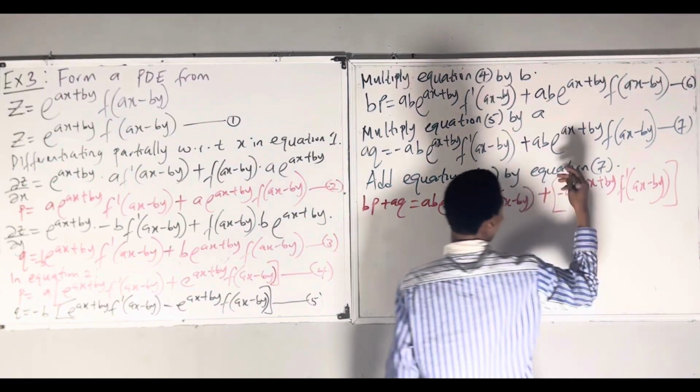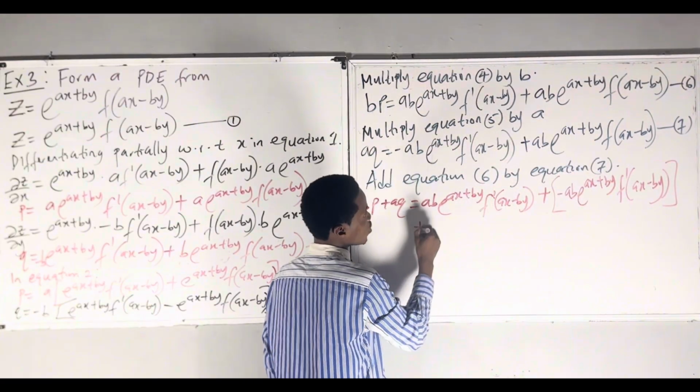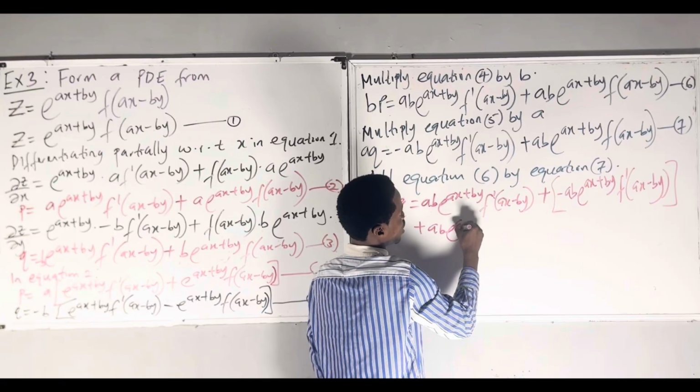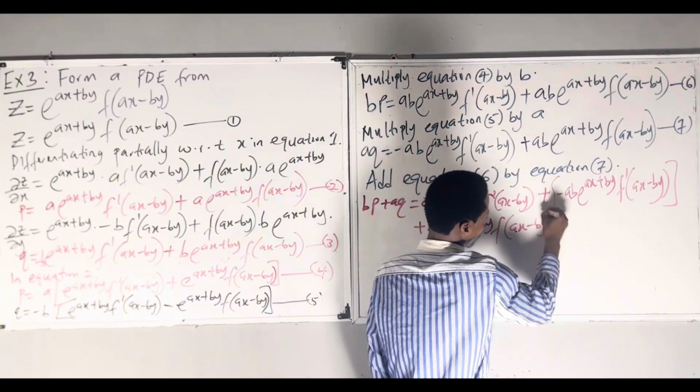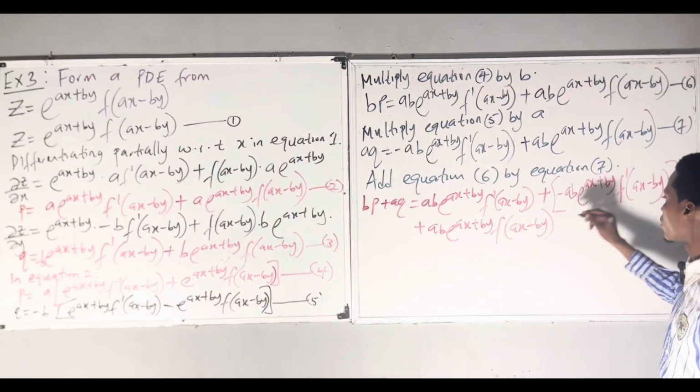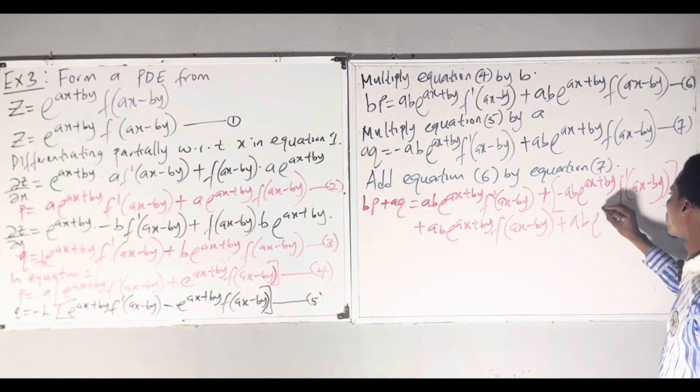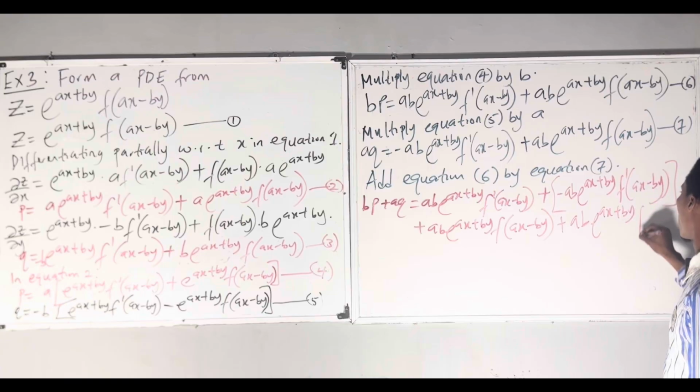Then followed by the last term. What is it? AB exponential AX plus BY f of AX minus BY. Then add it to this plus AB exponential AX plus BY f of AX minus BY.